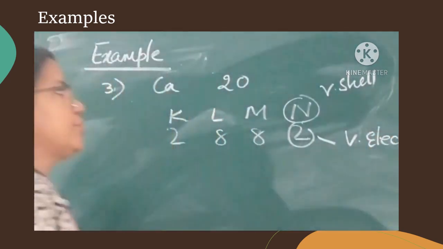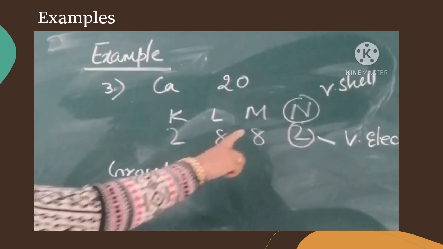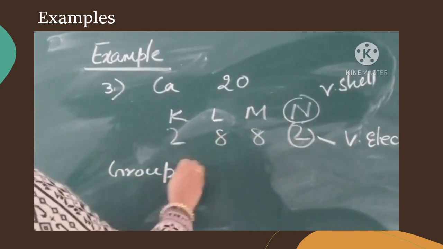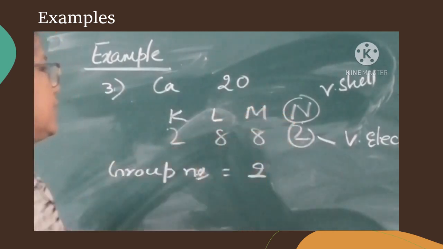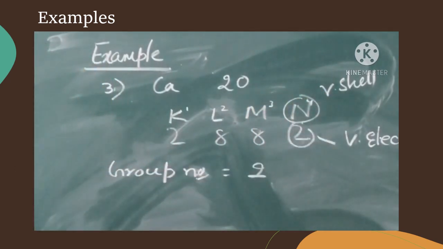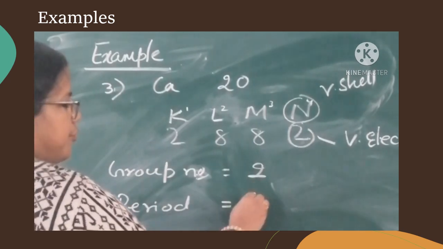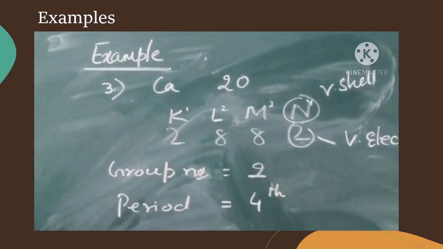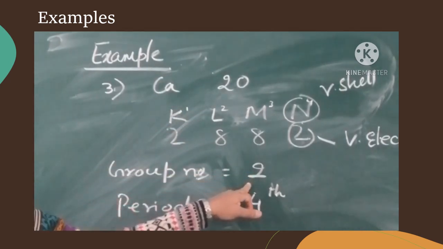So in order to place the element in the group, as the valence electron is 2, the group number is equal to 2. The valence shell is N, that means 1, 2, 3, 4. It has the 4th shell, so the N shell corresponds to the 4th period. That means calcium belongs to the 4th period, second group in the periodic table.